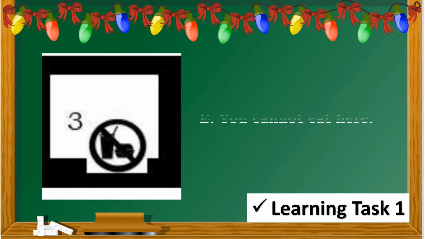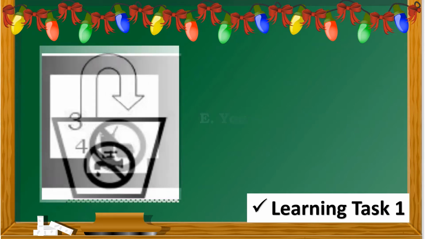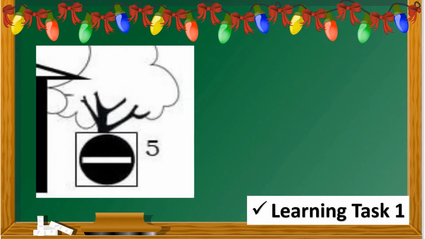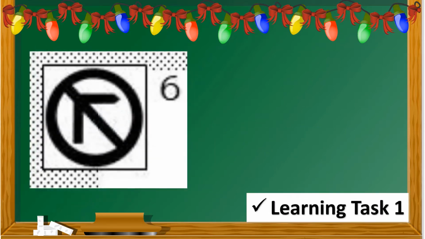Number 3, you cannot eat here. Number 4, it's letter D. You must not drink here. For number 5, it's letter F. Do not enter. For number 6, it's letter H. You cannot turn right or no right turn.